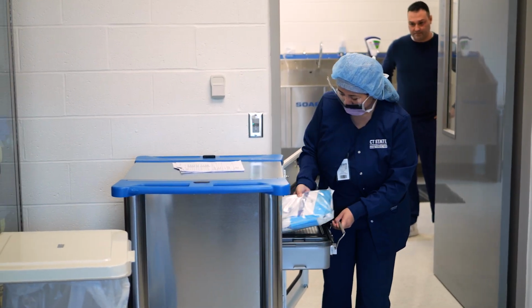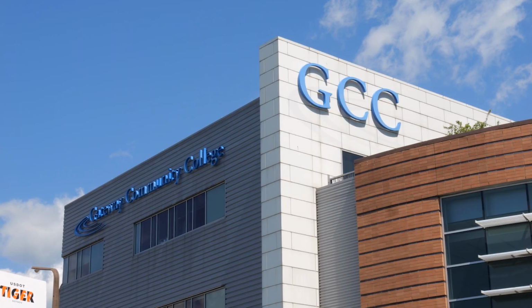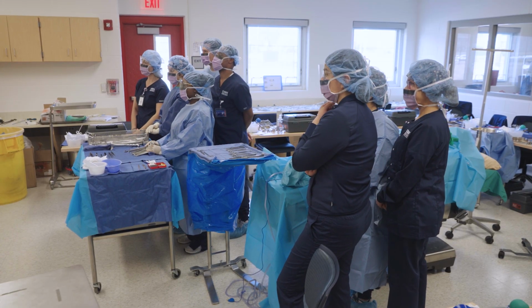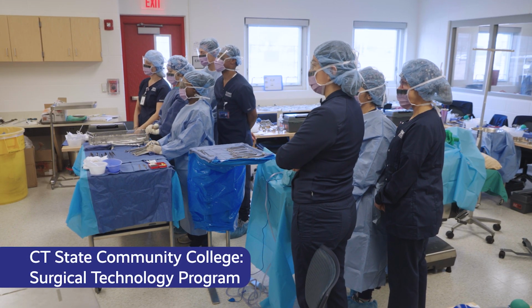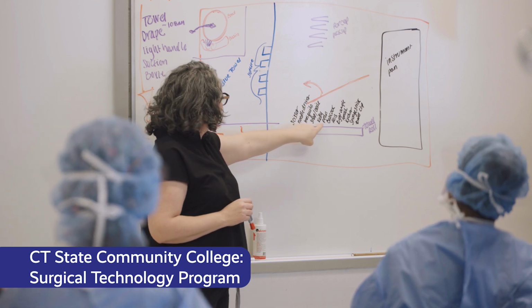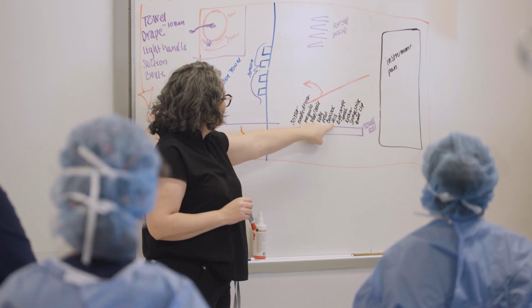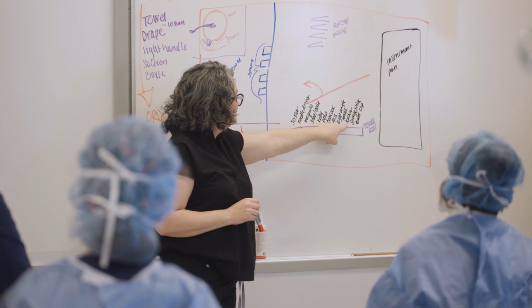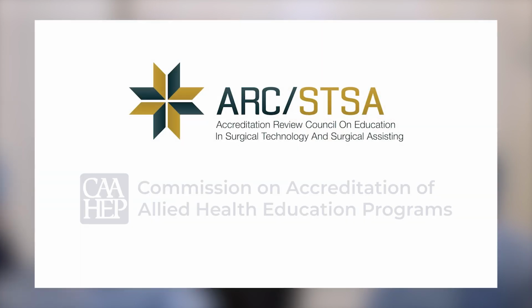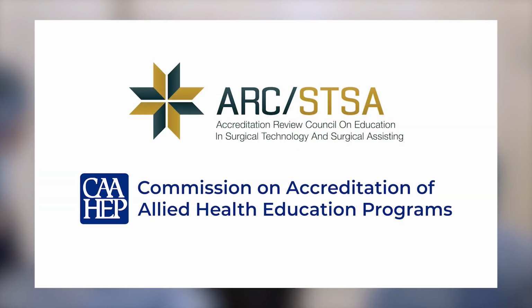Your path to becoming a surgical technologist begins with your study at CT State Community College. Surgical technology students must complete an accredited program of study consisting of didactic classroom instruction, lab instruction, and clinical rotations. Accreditation is granted by the Accreditation Review Committee for Surgical Technology and Surgical Assisting, known as ARC-STSA, operating under CAHEP.